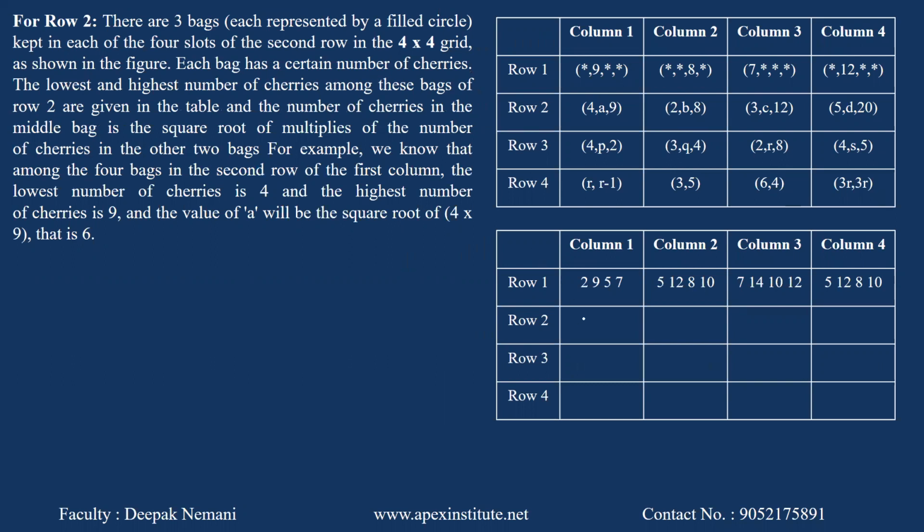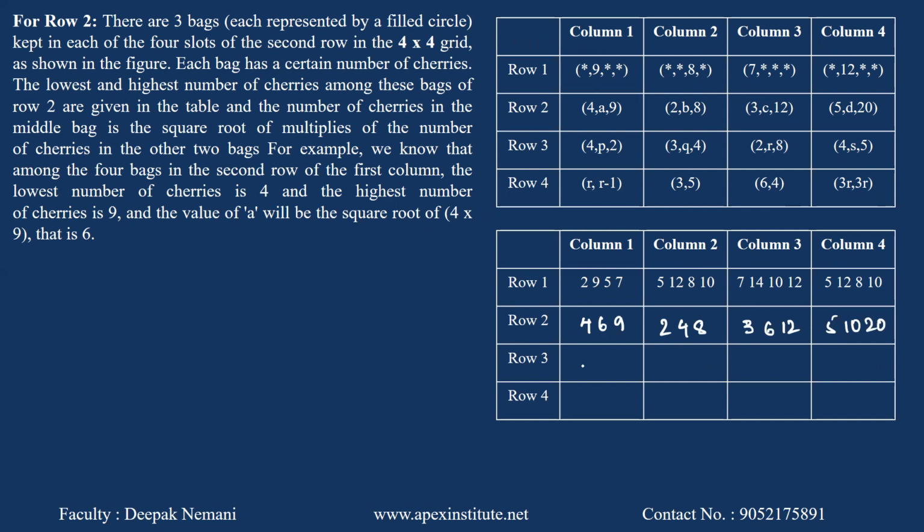Now similarly, you can also fill the values for A, B, C, D in row 2. So 4, 6, 9, then 2, 4, 8, 3, 6, 12, 5, 10, 20. These should be the values of A, B, C, and D respectively.